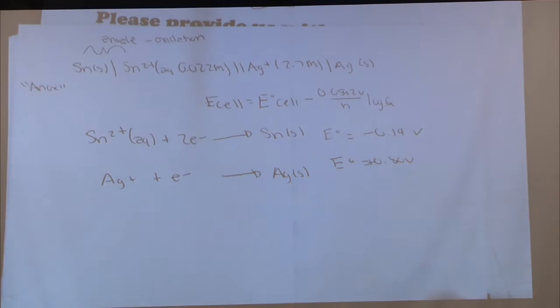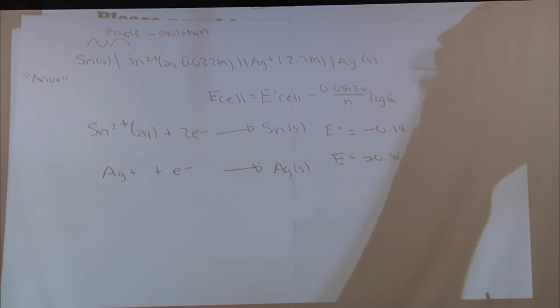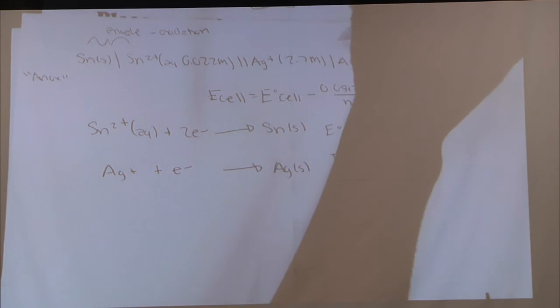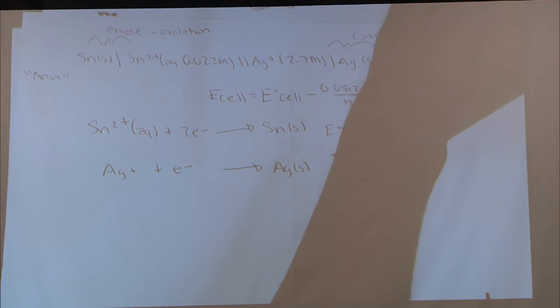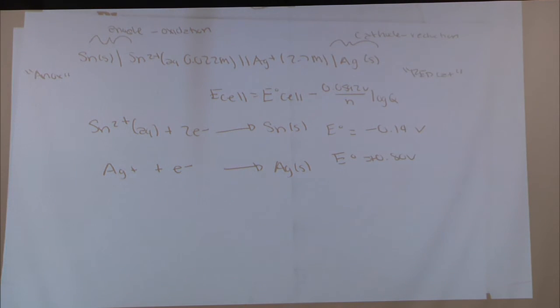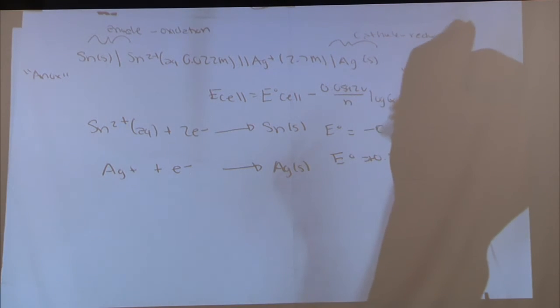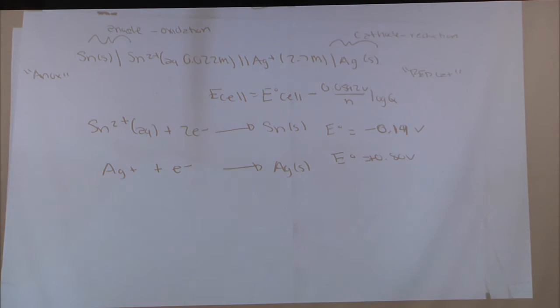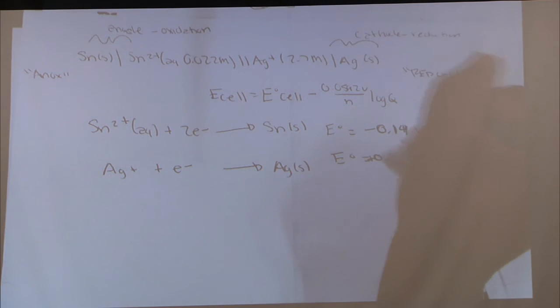So if you think of an ox, anode oxidation, and red cat, reduction at the cathode. So this is the cathode. A reduction's happening here. It's negative 0.14. Sorry, I have really bad handwriting. And then 0.80.